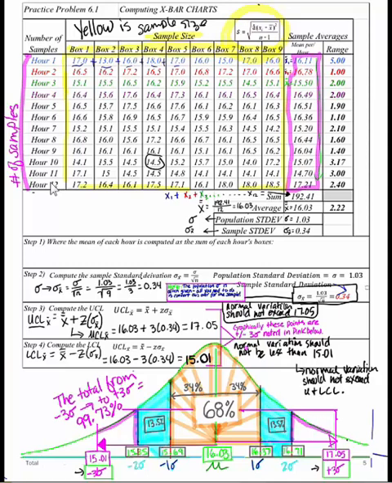So notice the hours come down here, that's the number of samples, and then the boxes come across the top, and that is the sample size. And notice I have written here yellow is the sample size. That becomes very important a little bit later.